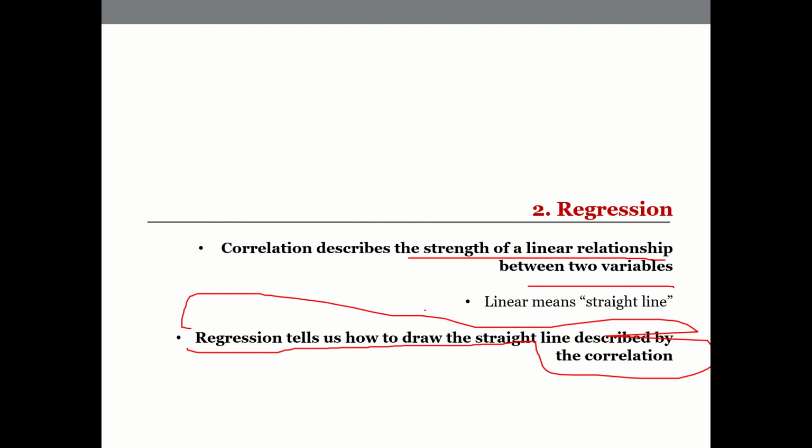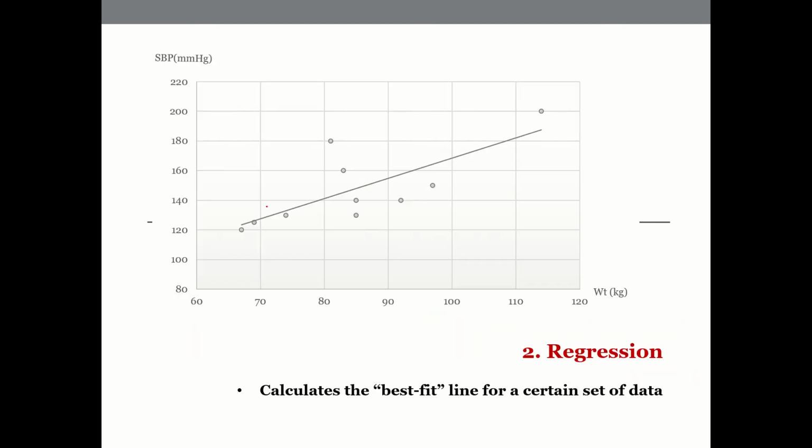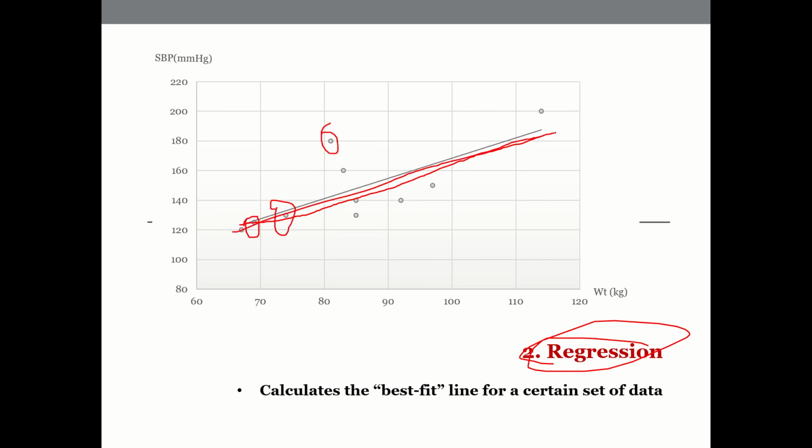Here I briefly said we have to draw a line, right? How this line is arrived at is through regression. It takes the residual average of each data set, and then a line is drawn.